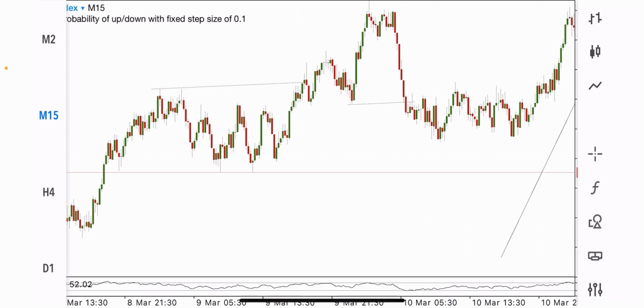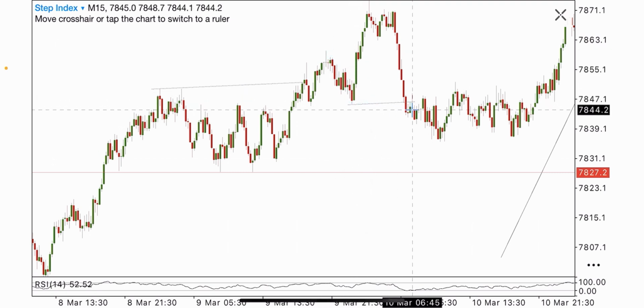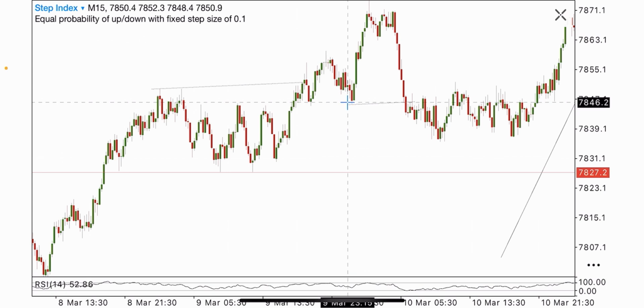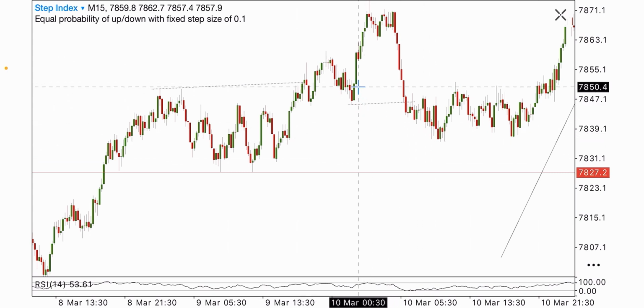In case you don't know, this pullback is our inducement. Once the market returns and takes out this liquidity, I have a valid and confirmed inducement. This is where I'll begin to look out for a trade to take.